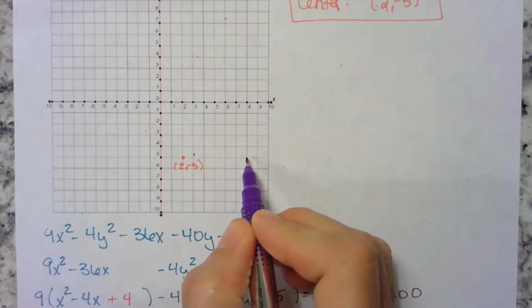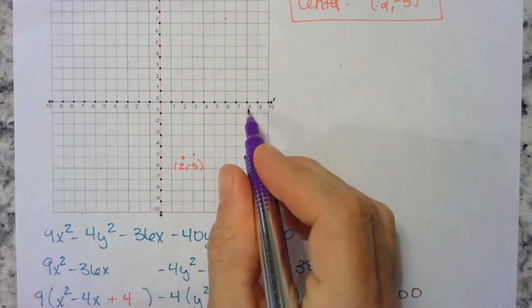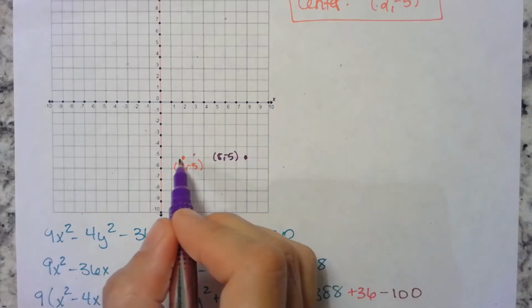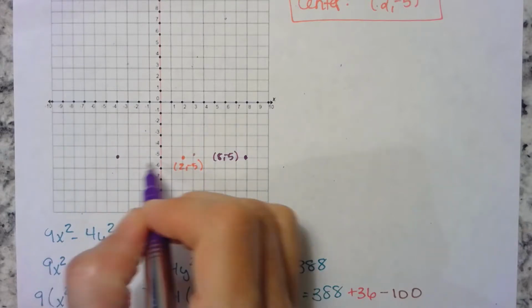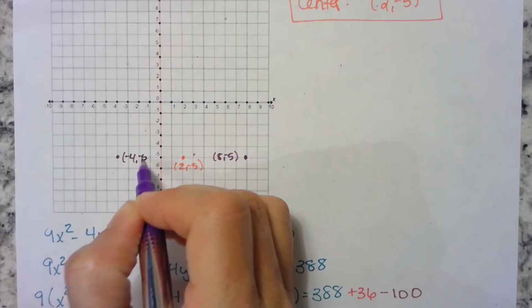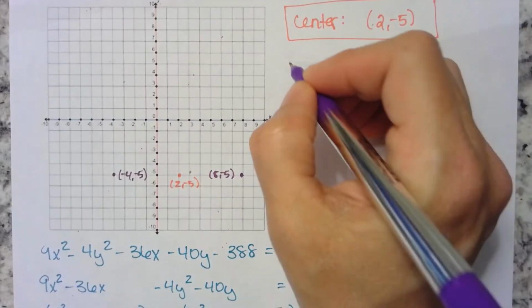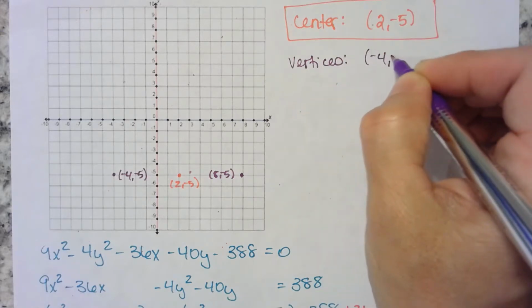This is the point (8, -5). And 1, 2, 3, 4, 5, 6. This is the point (-4, -5). So our vertices are (-4, -5) and (8, -5).